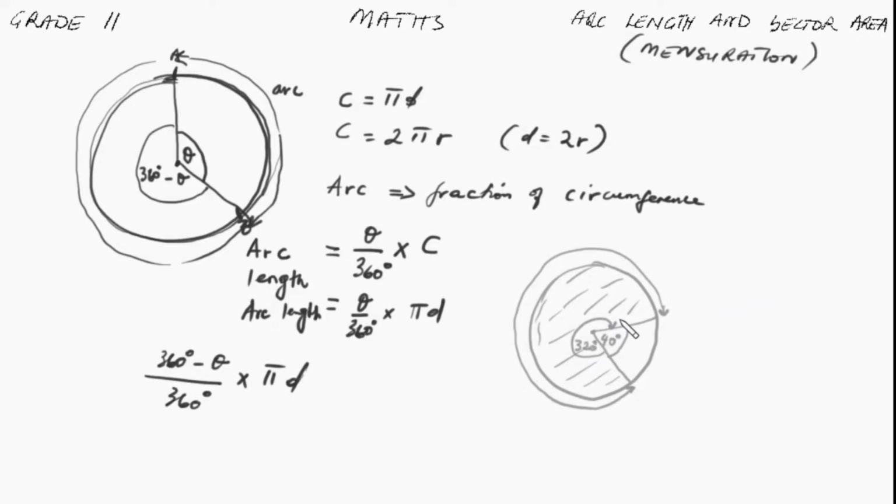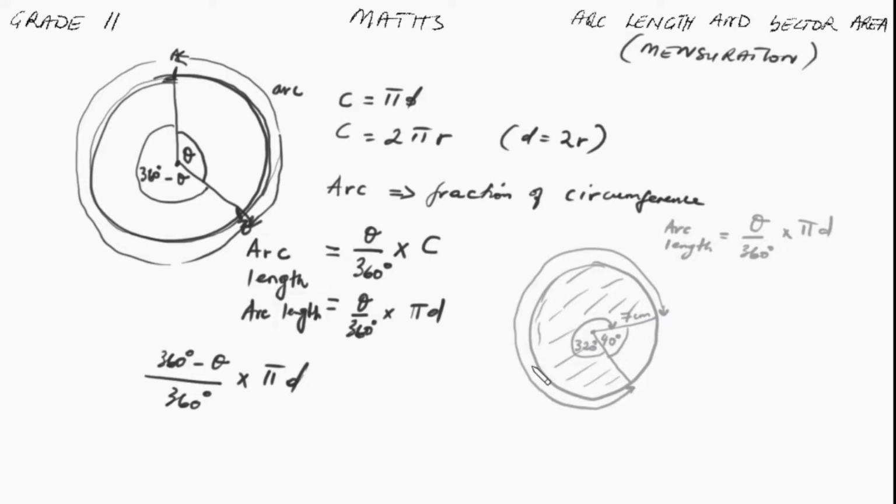So you would say arc length equals theta over 360 degrees times pi times diameter. Let's say the radius here is 7 centimeters.